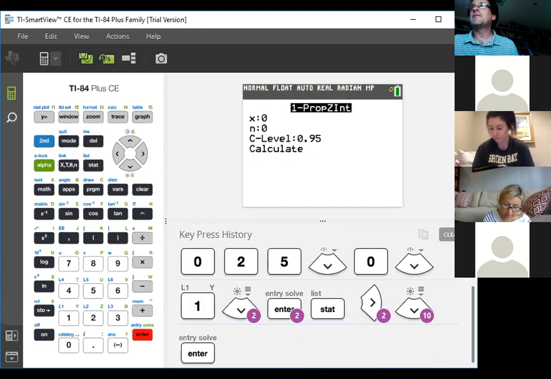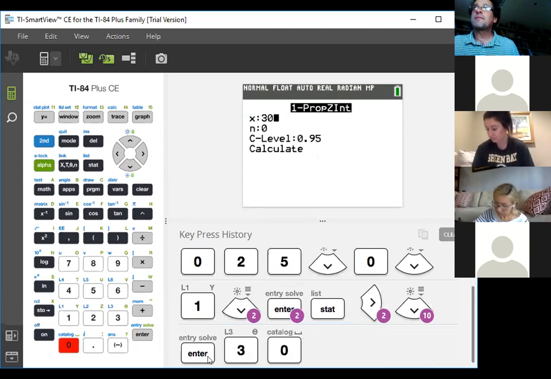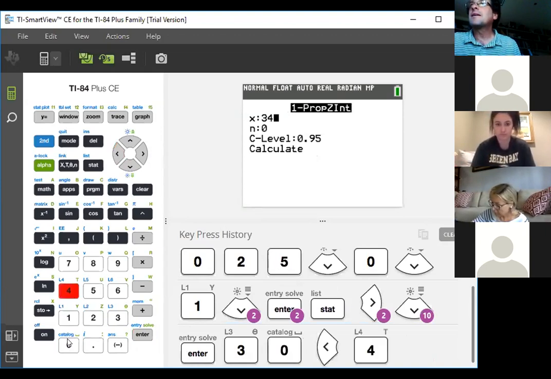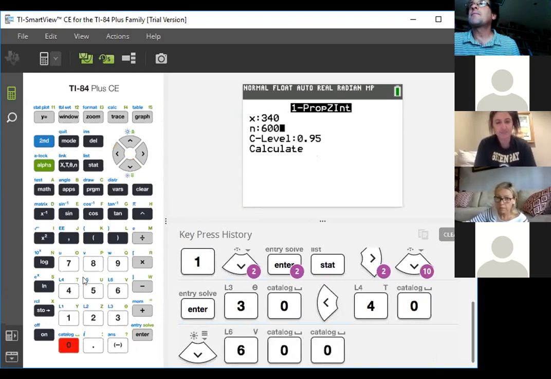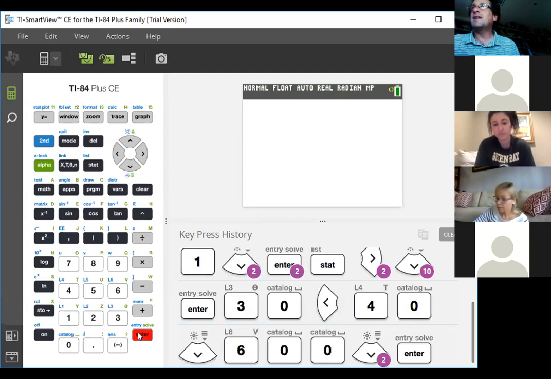And I hit enter. It asks us to find x, and x was 340. Oops, let's try again. And n was 600. Confidence level is 0.95, which is standard. Sometimes you'll use a different confidence level, but more often than not, it's 95%. I hit calculate.